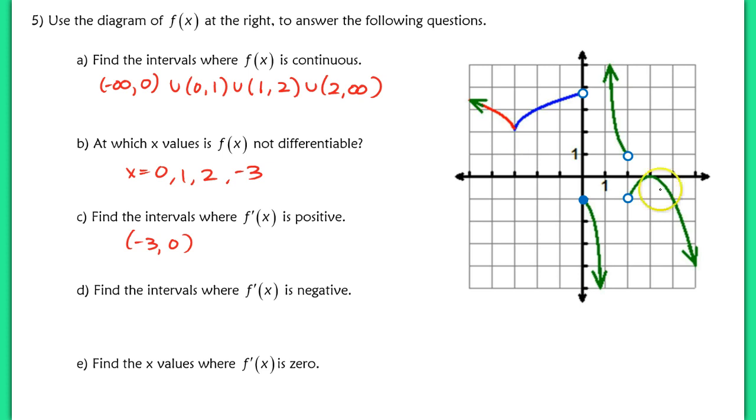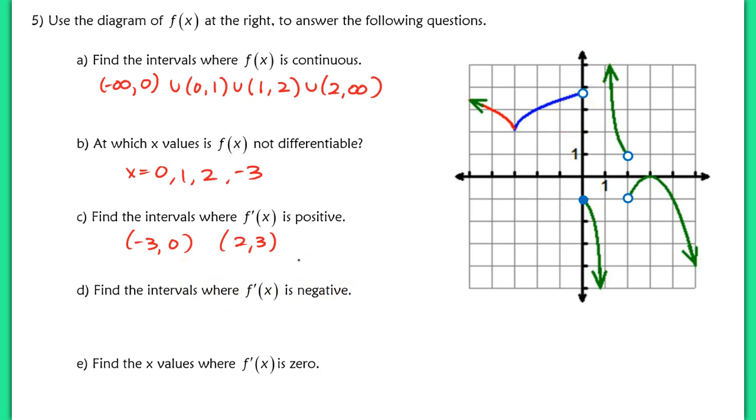And from 2 up until you get to 3 here, we'll also have positive tangents. So from 2 to 3, okay? Now those are open intervals, not closed intervals. One, because it's not differentiable here at x equals 0, and also because the slope here is actually 0, okay?